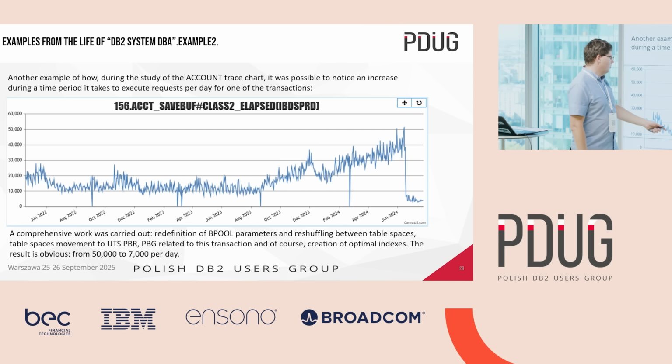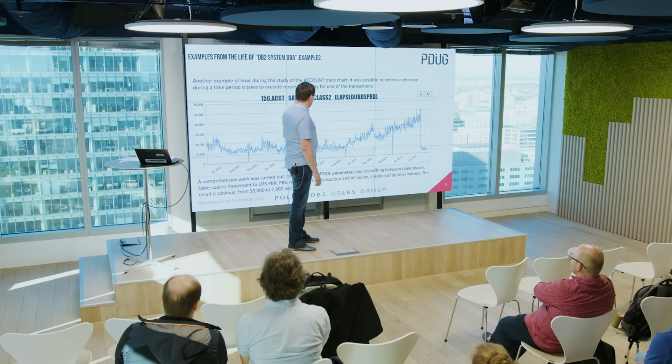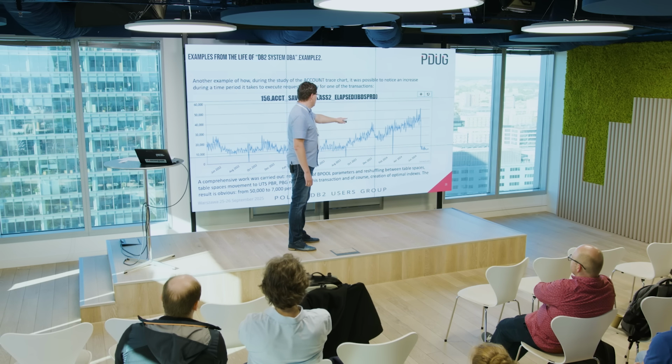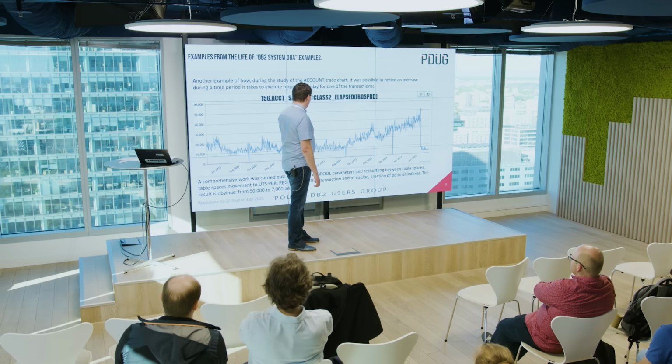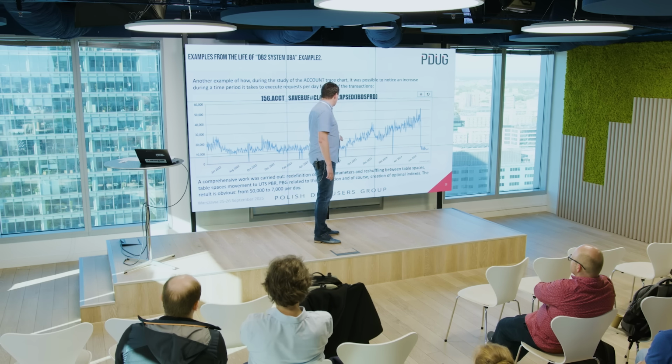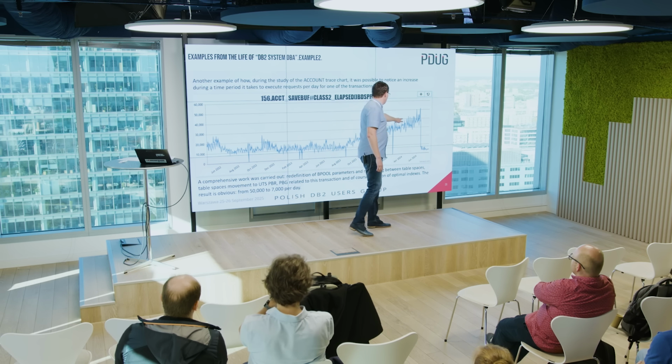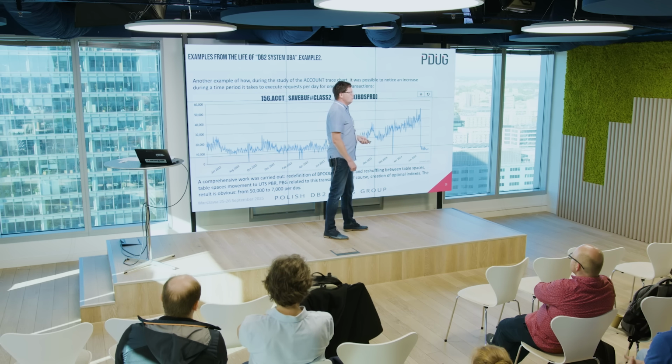Elapsed time from October 2023 increased. It means for business analytics, it was 20 seconds average time to process SQLs, but now it was around 50 seconds. It was a bad situation.